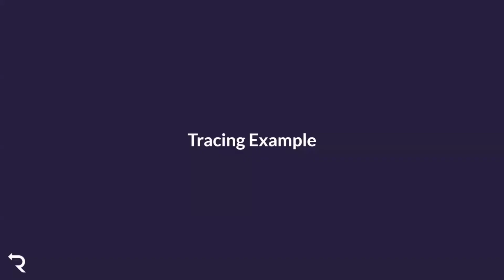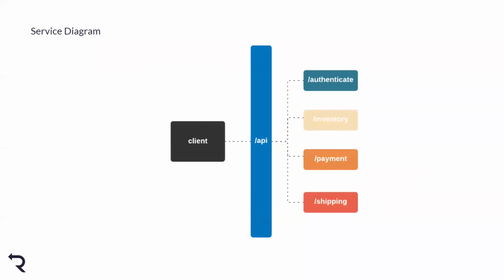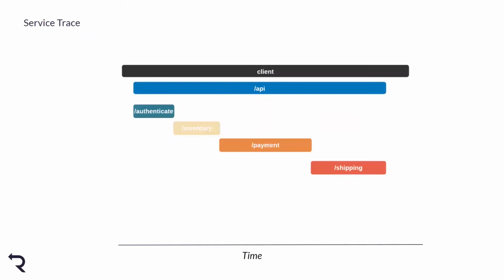Now, the telephone analogy makes it clear in the real world what tracing looks like, but what does it look like with machines? Here's a service diagram for Bob's application. You can see the client connects to the API service, and then that connects to authenticate, inventory, payment, and shipping services. The service trace is the waterfall chart that we looked at previously in the Retrospect UI.